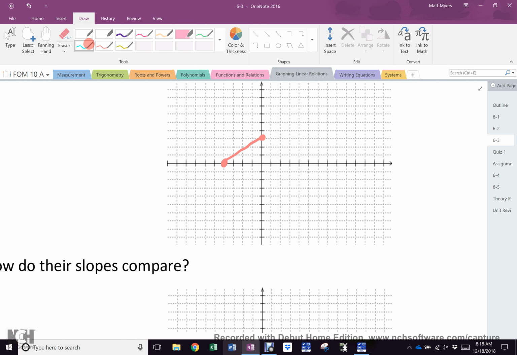we're going to draw another line, but this time our x-intercept is going to be 4, 0, and our next point is going to be 8, 3.